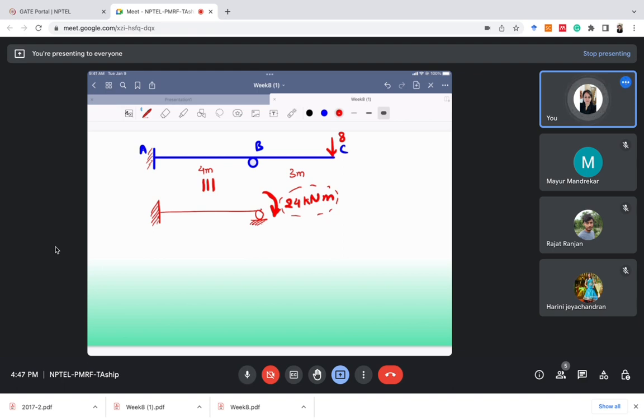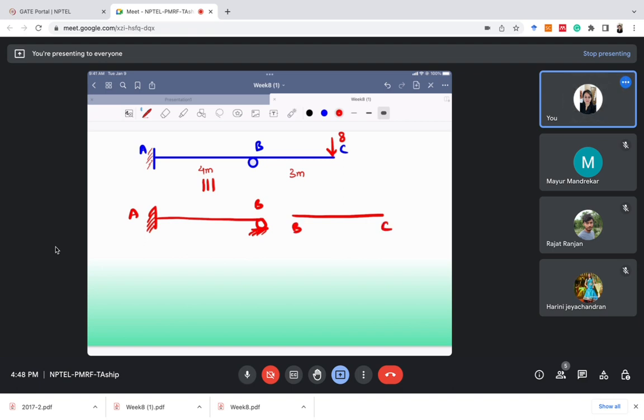Or you can say that you have just drawn the free body diagram. If you are not satisfied with this, you can say that you have made a free body diagram. How to make this free body diagram? This is span AB, and this is span BC. We can make this free body diagram like this.